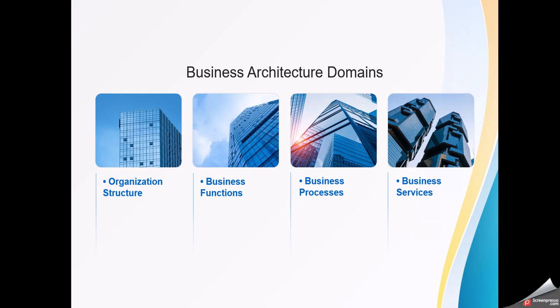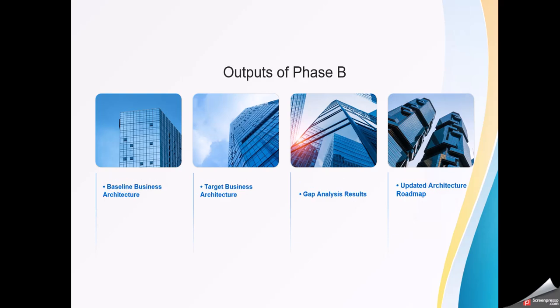So you have to understand all these things as an enterprise architect to achieve the target business architecture. So what are all the outputs you will be getting after the phase B? So you will be getting the baseline business architecture, then your target business architecture, your gap analysis results, and the updated architecture roadmap. This will be an output of the phase B.